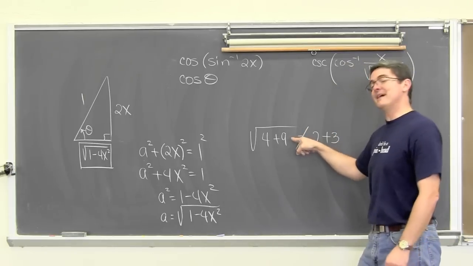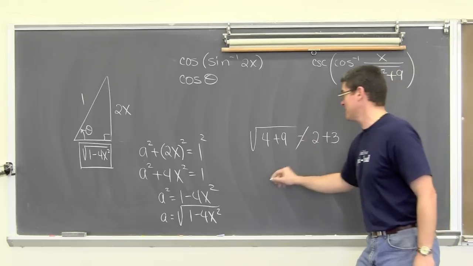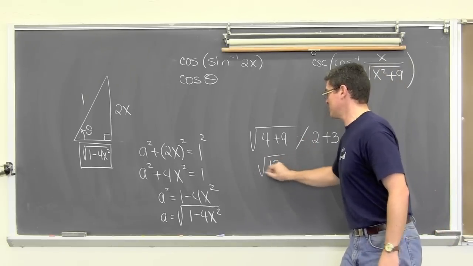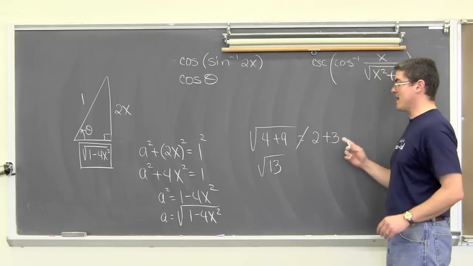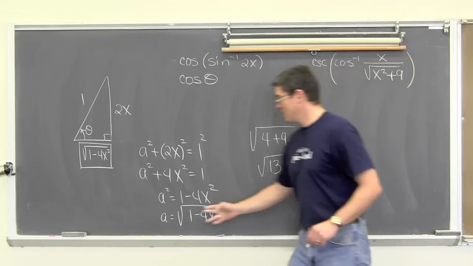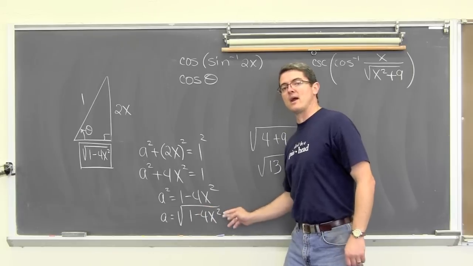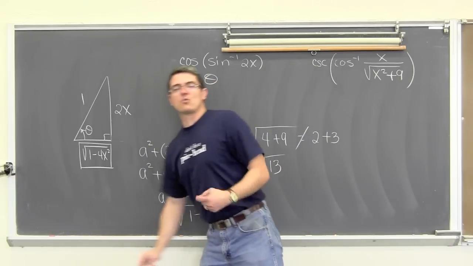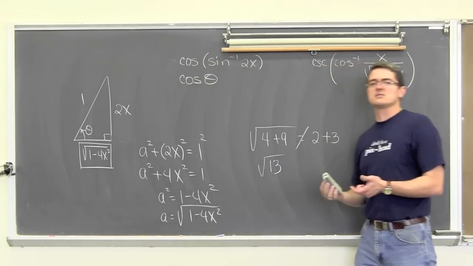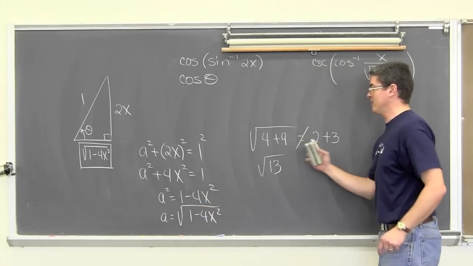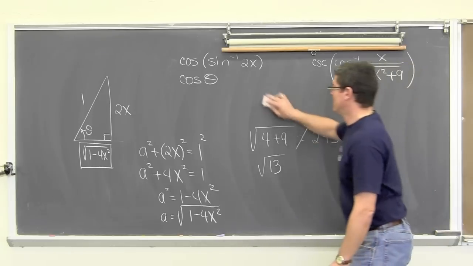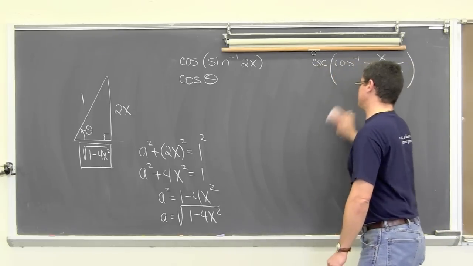And that is not equal to 5, because the square root of 13, we know, has got to be less than 4. So certainly it's not going to equal 5. So please, when you have two perfect squares inside of a square root symbol, don't think that you can cancel those out or actually square root each term individually. That does not work.